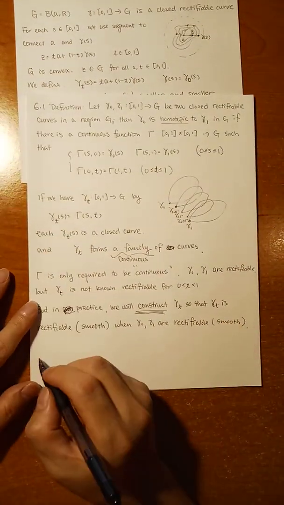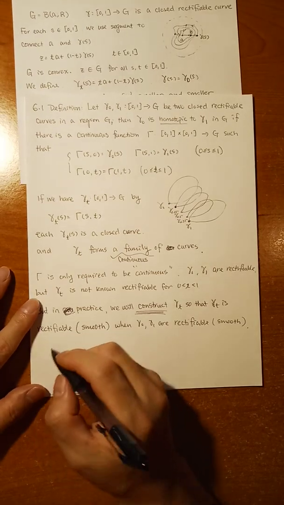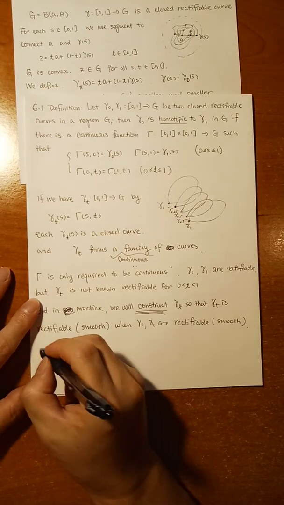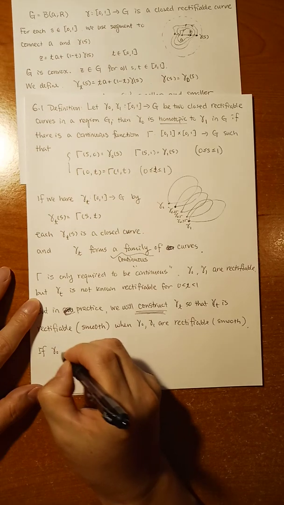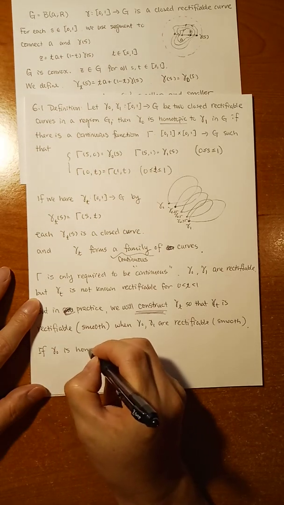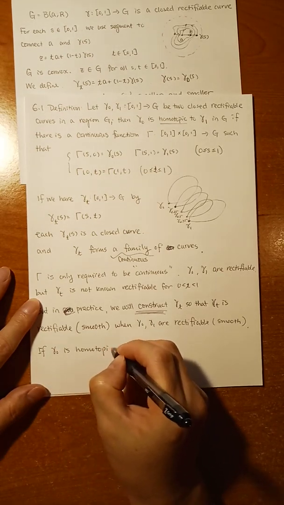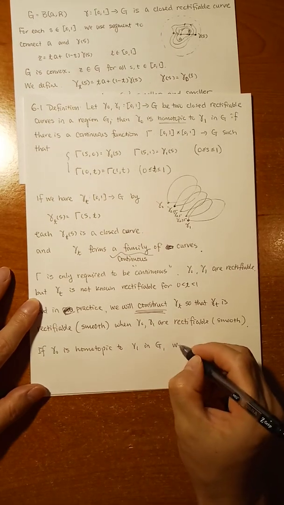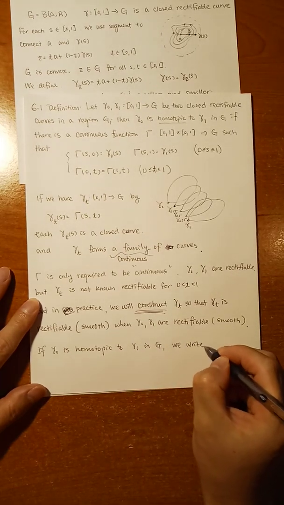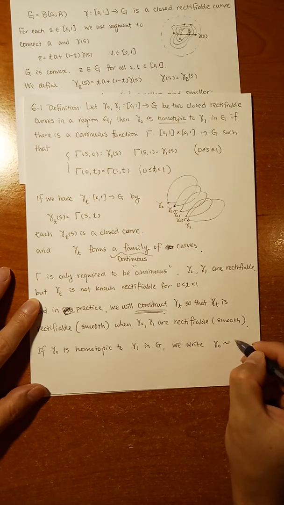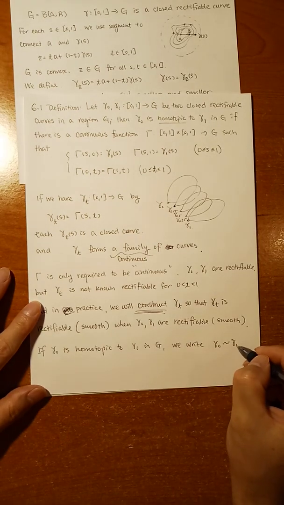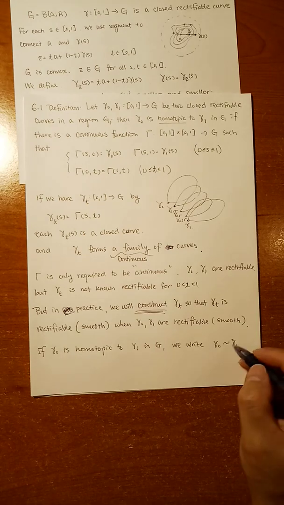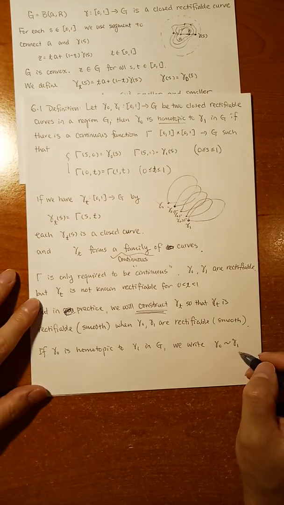Okay, so if gamma 0 is homotopic to gamma 1 in G, we will write gamma 0 tilde gamma 1.